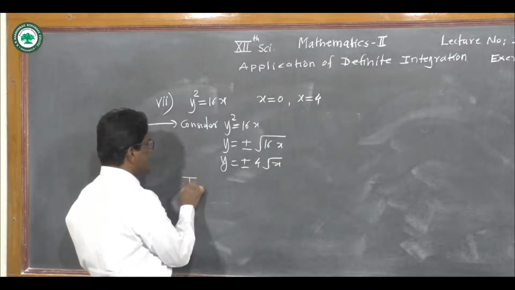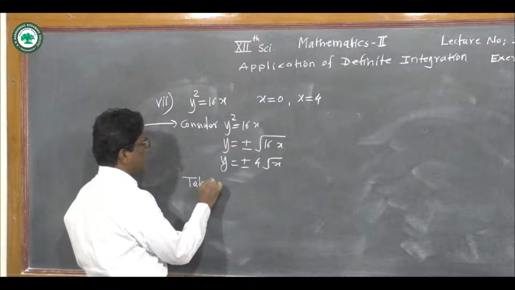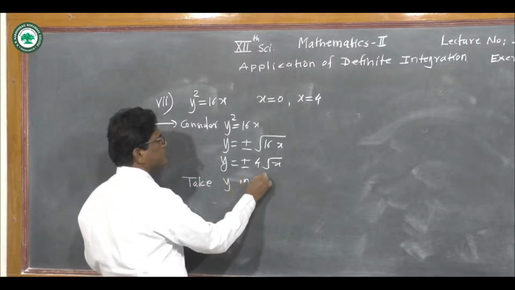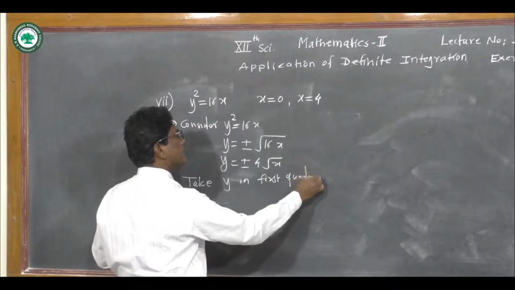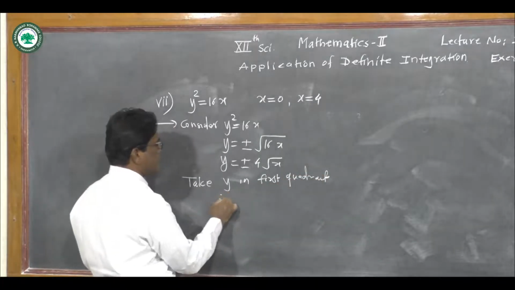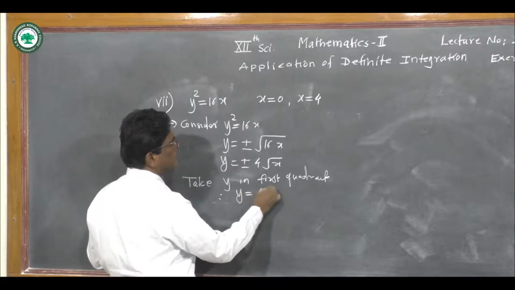So take y in the first quadrant, and therefore y is equal to 4 root x.